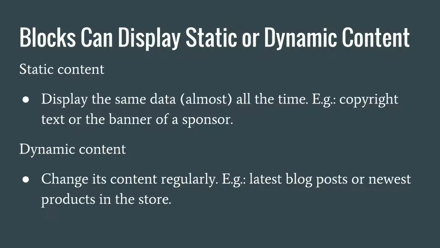Or for example, for this Drupal camp, we have sponsors and we are grateful for them. So we put a banner of their company logo in every web page. So we can have a block that displays an image of a sponsor of our website, and that image will be the same always. So that is static content for a block.